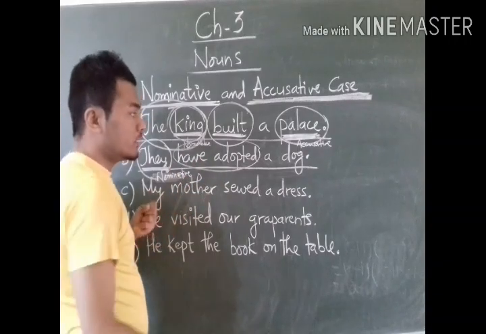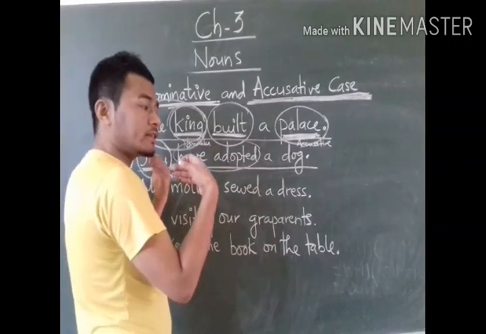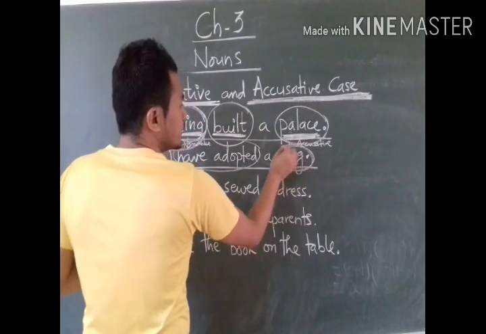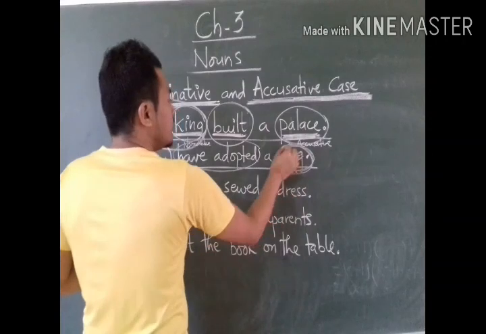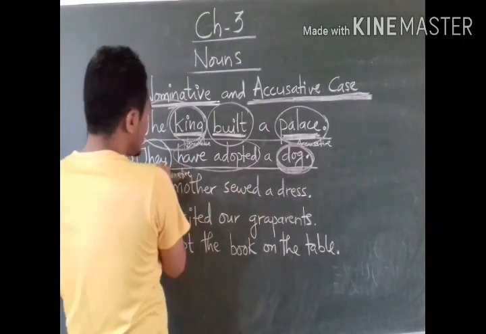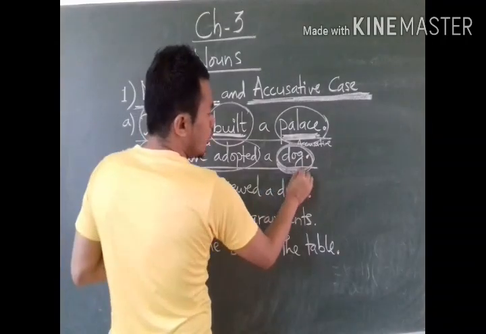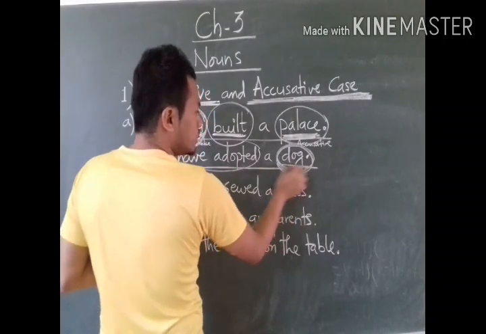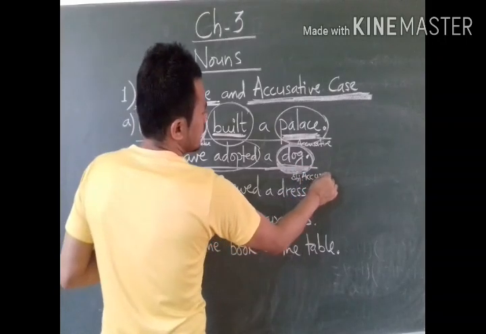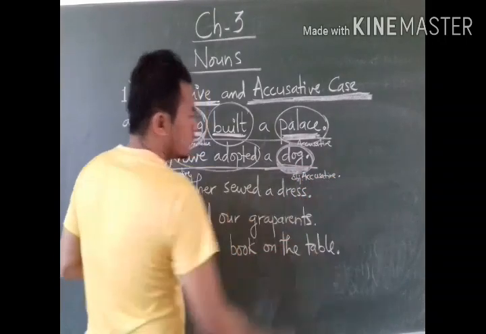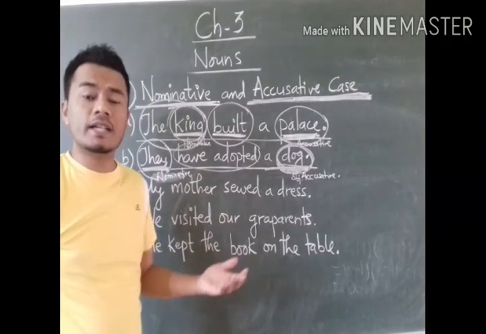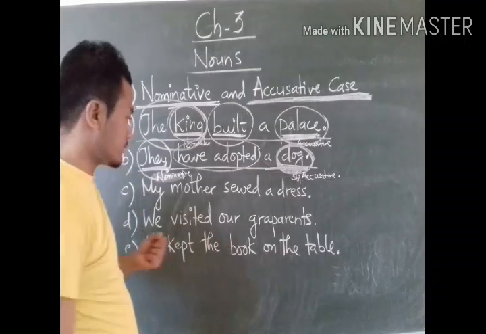So, adopted what? A dog. Here, it is an object. So if the noun or pronoun is used as an object, it is accusative case. If nouns or pronouns are used as objects, then they are accusative case.